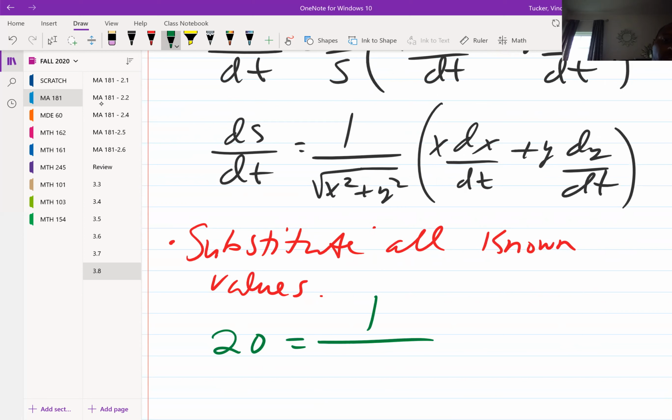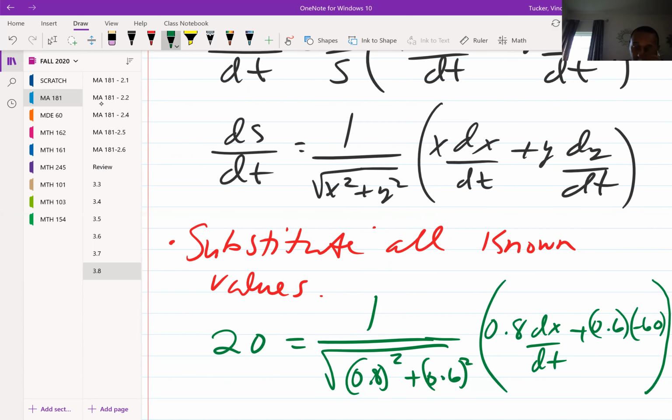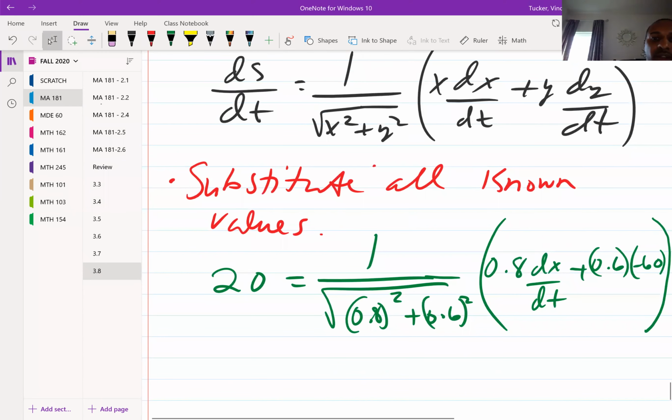That's 1 over the square root of x squared, which is 0.8 for x, so it's 0.8 squared plus 0.6 squared for y. Then we have 0.8 dx/dt plus y, which is 0.6, and then dy/dt is negative 60.